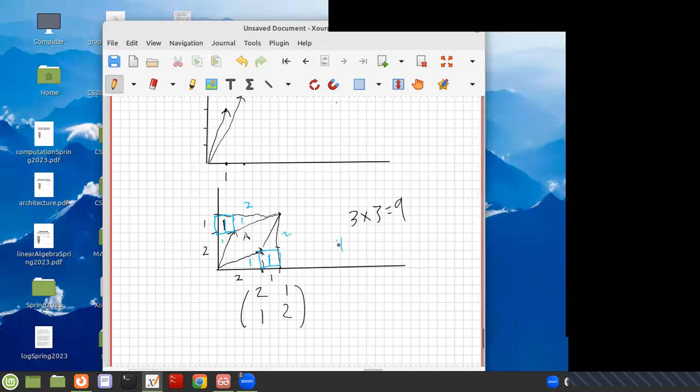So I have 4 times 1/2, 1 times 2, because that's the area of each of these rectangles. So the calculation is 9 minus 4 times 1/2 times 1 times 2, minus 2 times 1. So this should be the area, right?